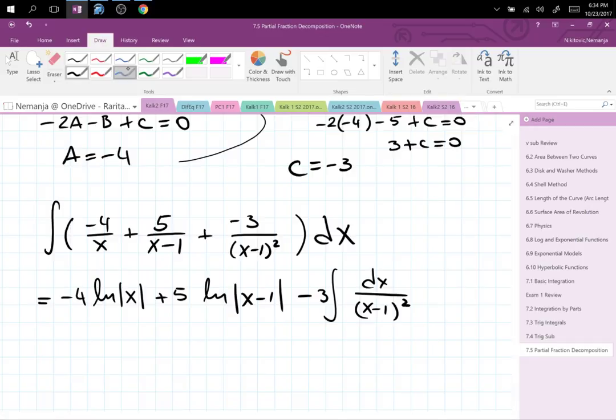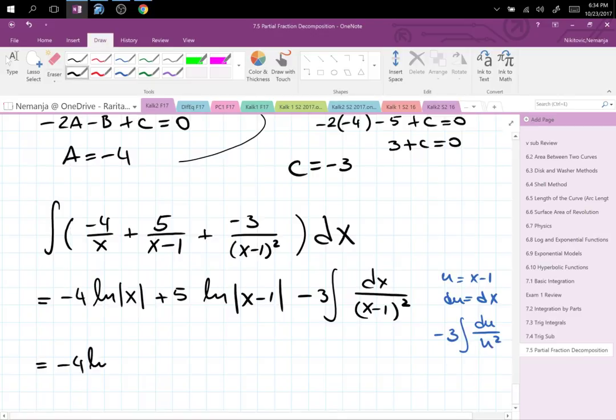U sub. Very good. U equals x minus 1. Du equals dx. When we substitute, we get negative 3 times the integral of du over u squared, and here we go.